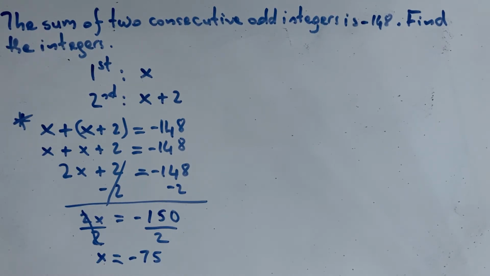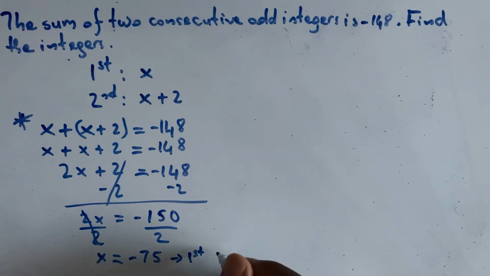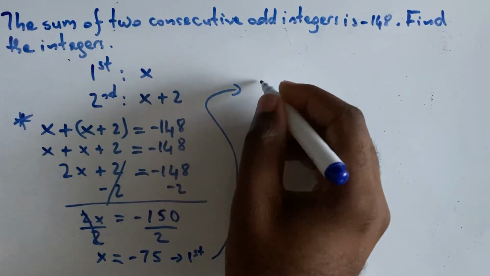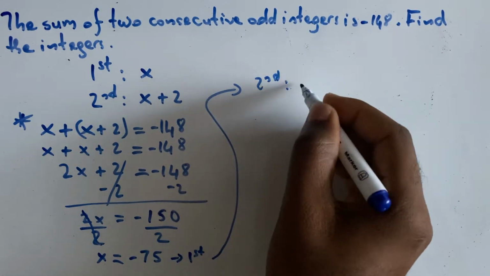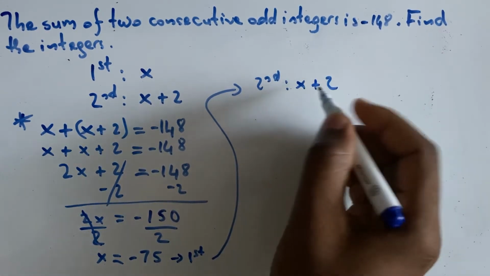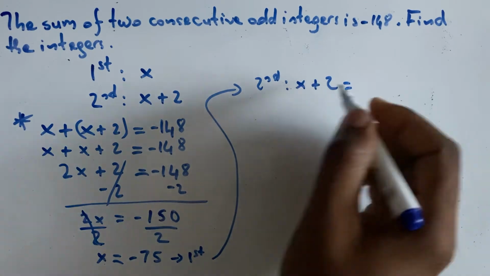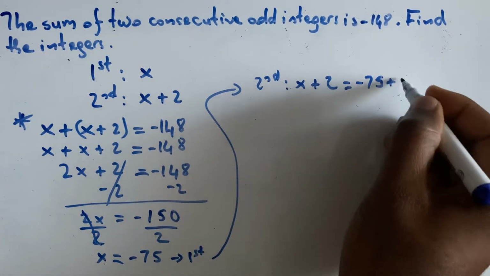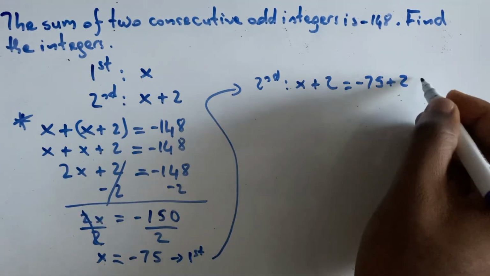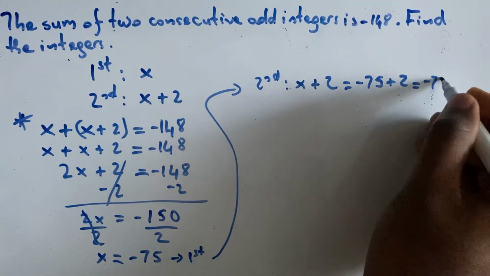Now, once you have x, this is the first one. This is the first odd integer, that's negative 75. Then the second one would be x plus 2, which is negative 75 plus 2, which is negative 73.